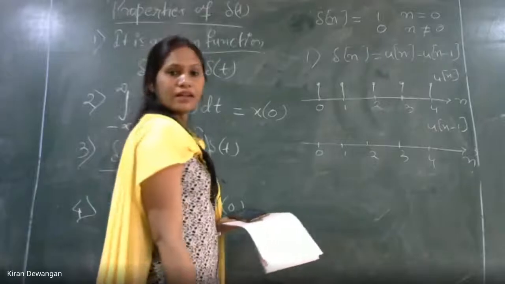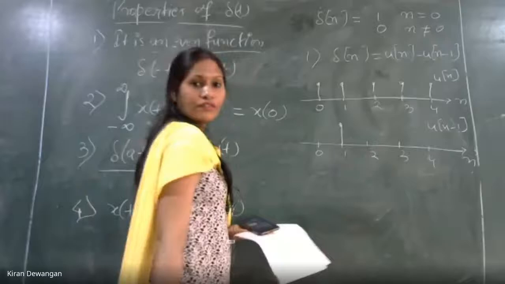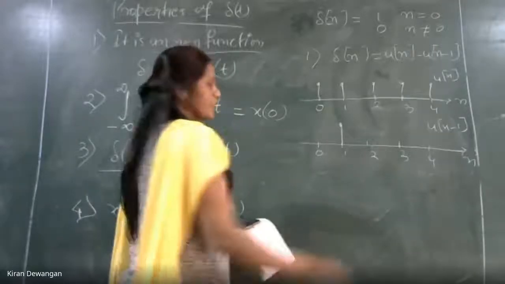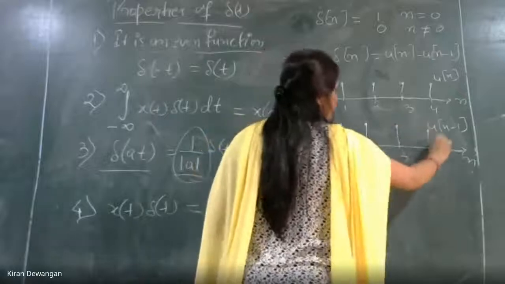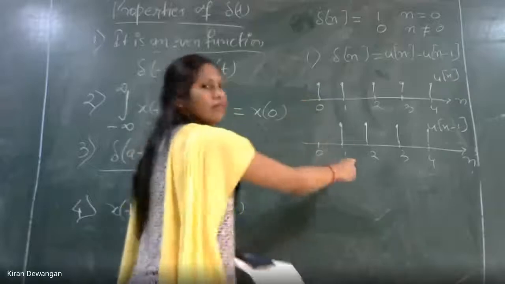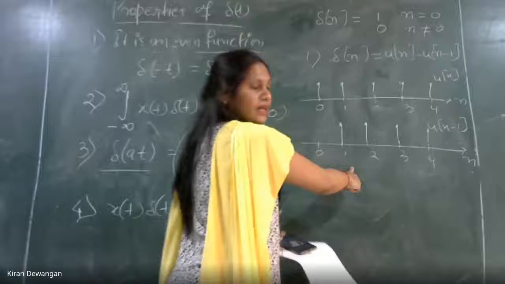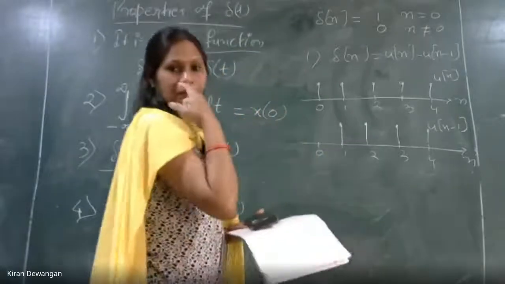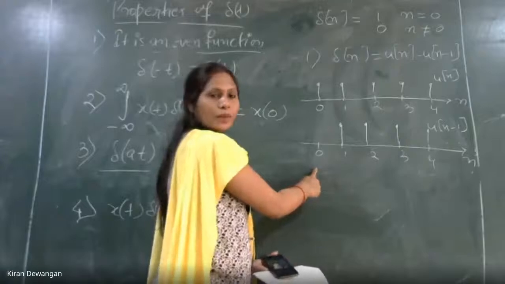Yes, the plot will start from 1, right? u of n minus 1 means it starts from 1, 2, 3, 4 and it will continue. Correct? This is my u of n and this is the u of n minus 1 plot. Clear? Now if I subtract these two, u of n minus u of n minus 1, what will my plot be?